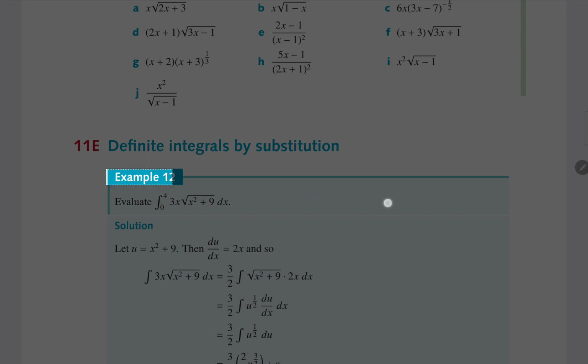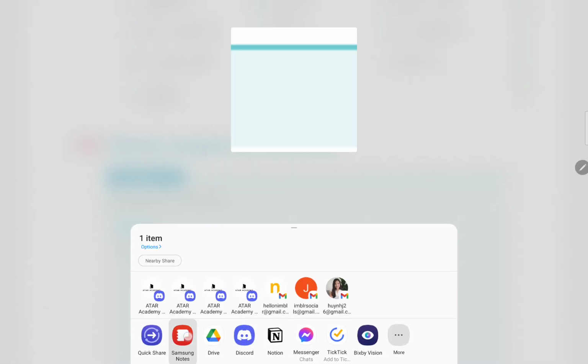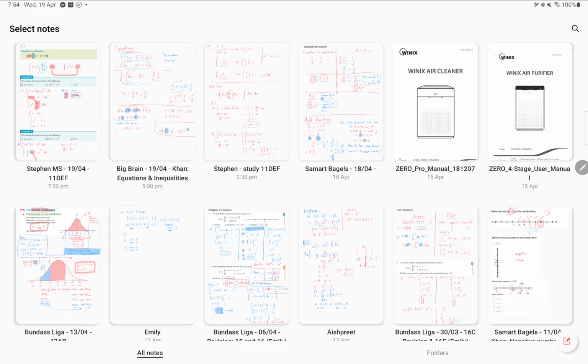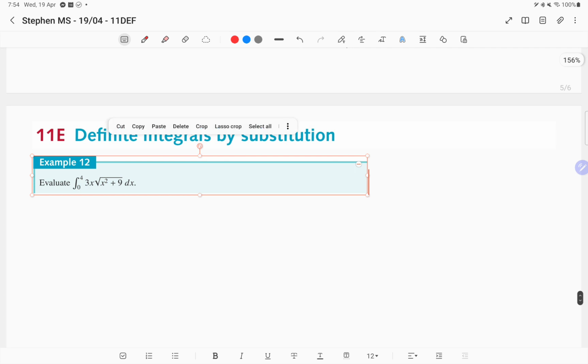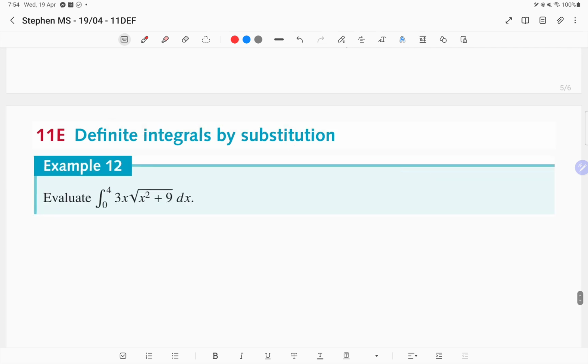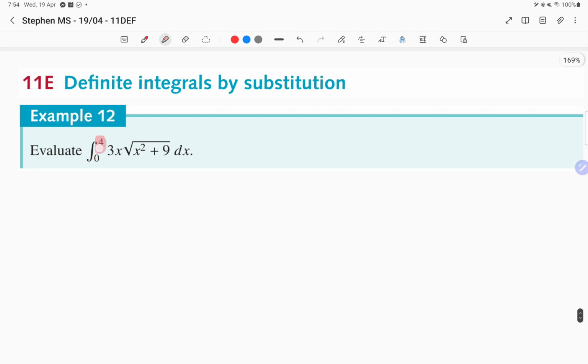I won't use the textbook working. I'll go straight to the second example, working from the first example. And in the second example, you see that same working again. When you see a definite integral, the thing you need to pay attention to is the limits. These are the limits for x, not for u.